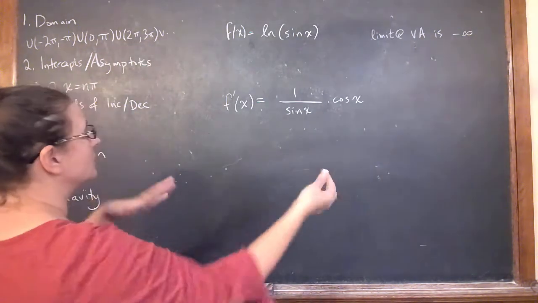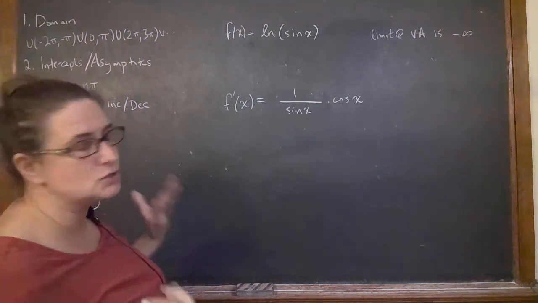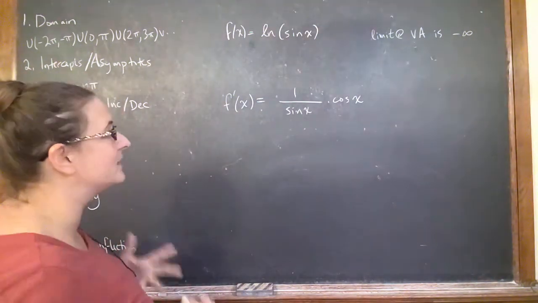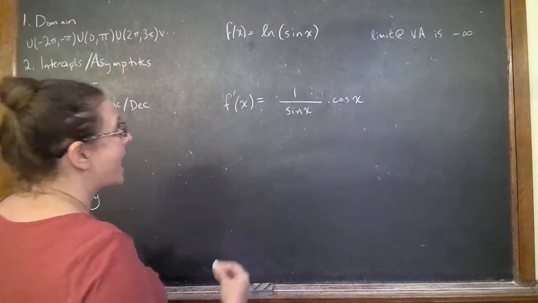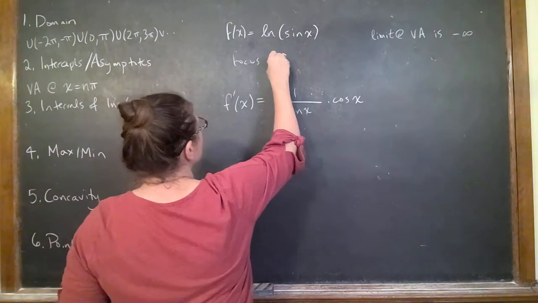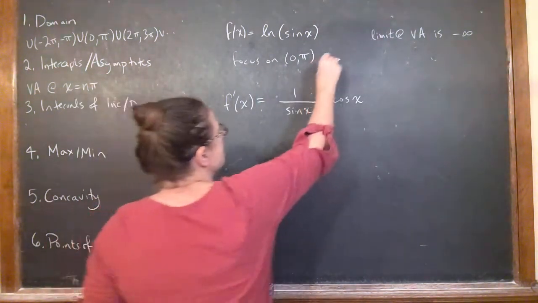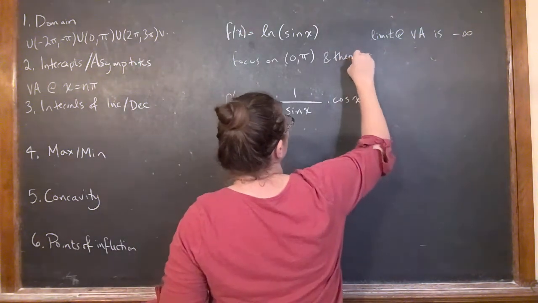You're going to have a periodicity here because sine x is periodic. It's just periodic in a weird way because it's a natural log of it. So I'm going to focus first on this one and then extend, because otherwise it'll be a big mess.